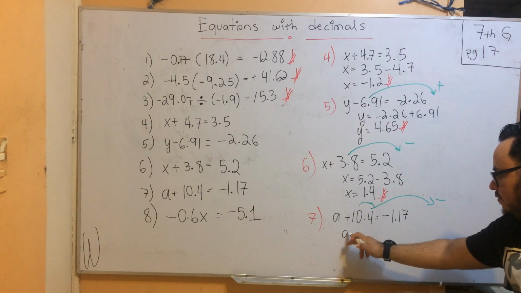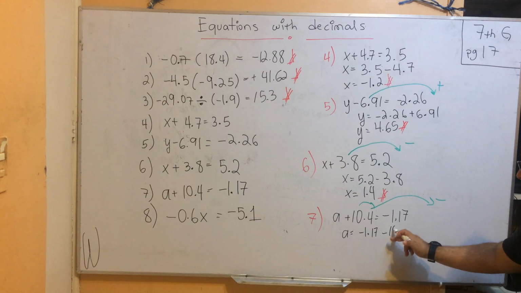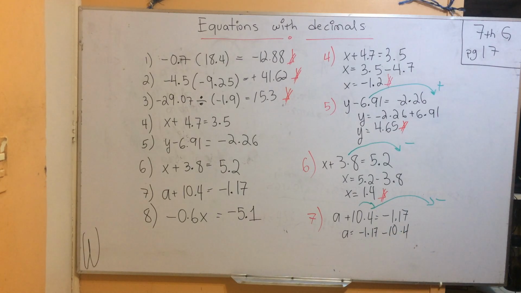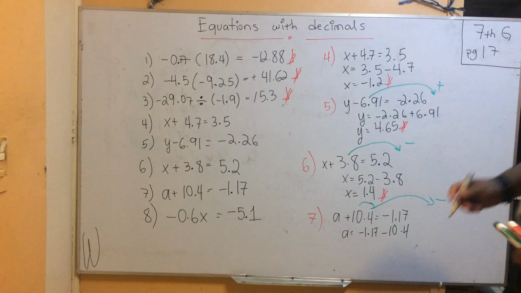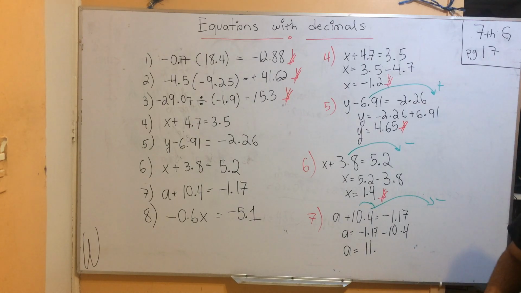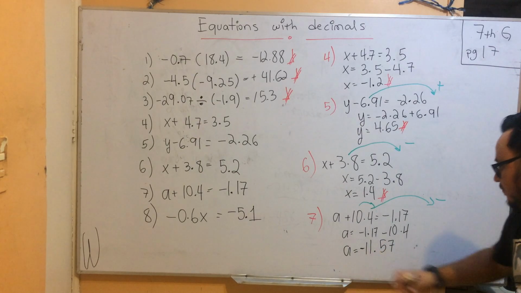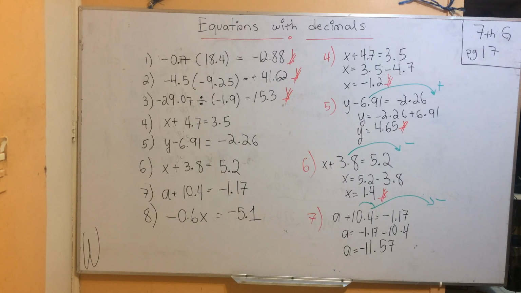So we have a equals minus 1.17 minus 10.4. Since both are negatives, the answer is going to be negative. So negative 1.17 minus 10.4 is going to be 11.57. So a is negative 11.57, because they're both negative, so it's like we add them up. And there we have our answer.